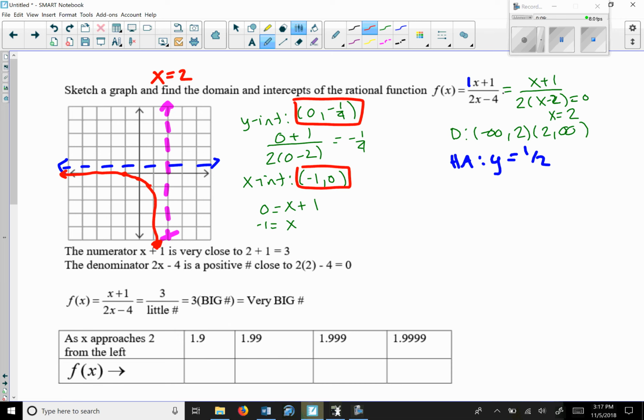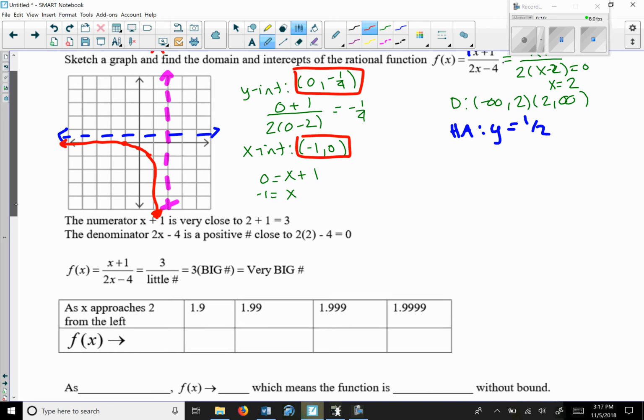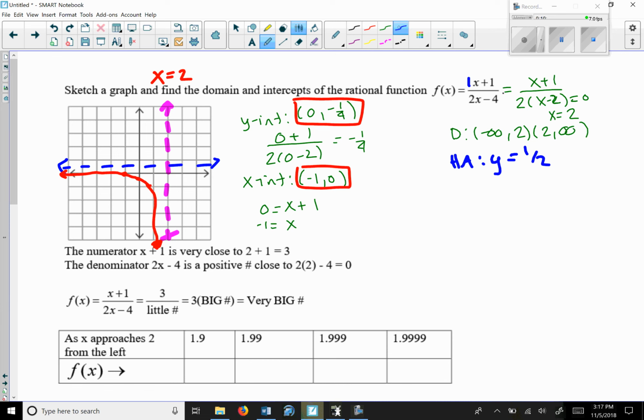So we can actually use the big little concept to help us figure out where our graph is going on the left and the right side of our vertical asymptote. We know that this is the left side of the asymptote and this is the right.